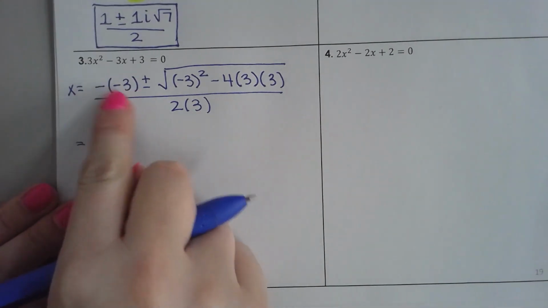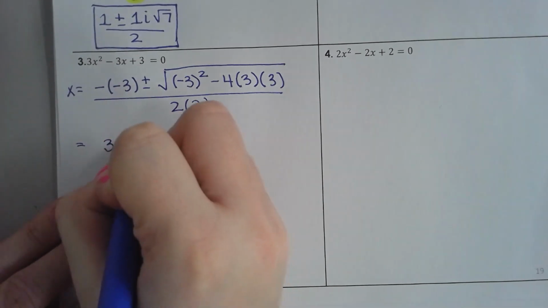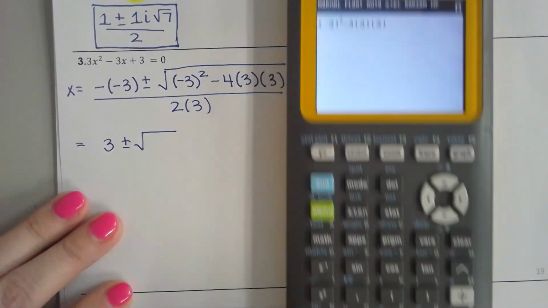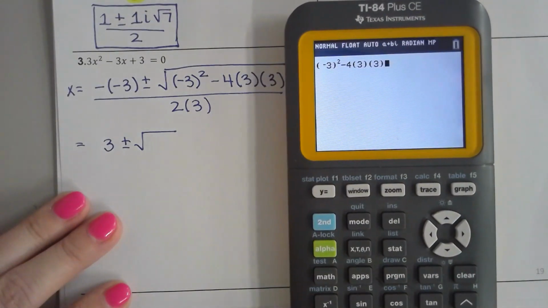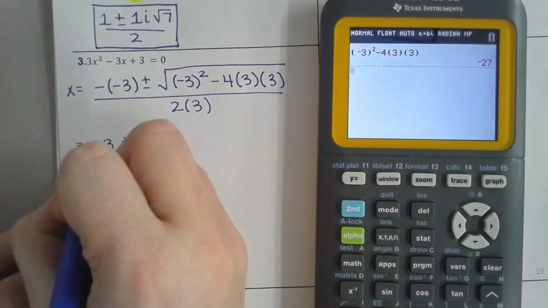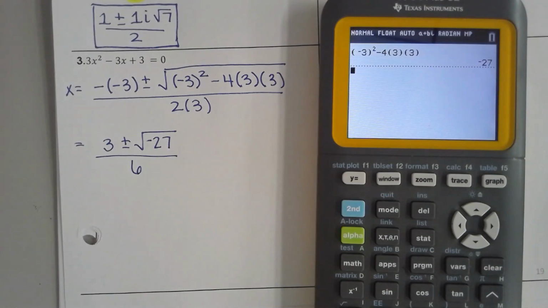This -3 I can turn into a positive. Typed into my calculator, I get -27 under the square root and 6 on the bottom of the fraction.